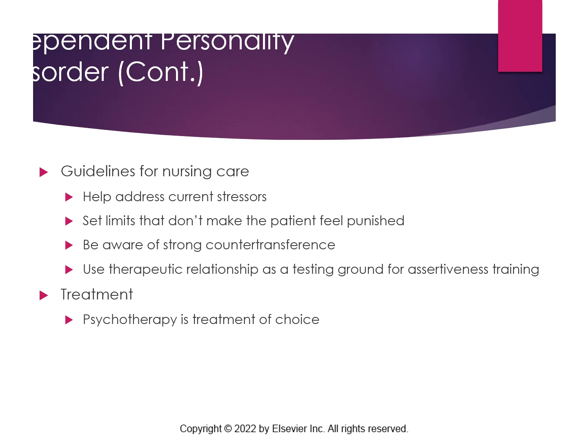The guidelines for nursing care are to help address current stressors and set limits that don't make the patient feel punished. Also, be aware of a strong countertransference, and use the therapeutic relationship as a testing ground for assertiveness training. The treatment of choice is psychotherapy.